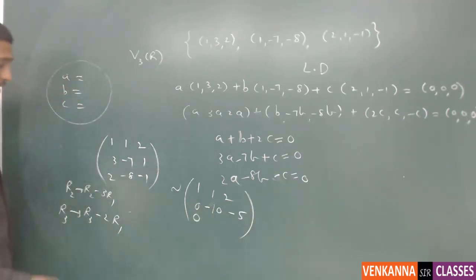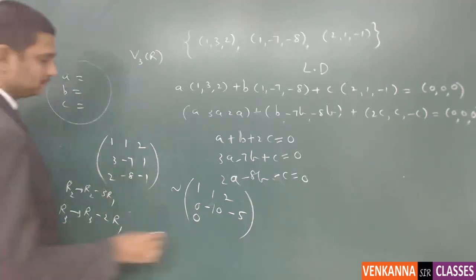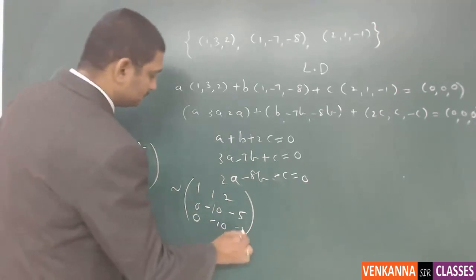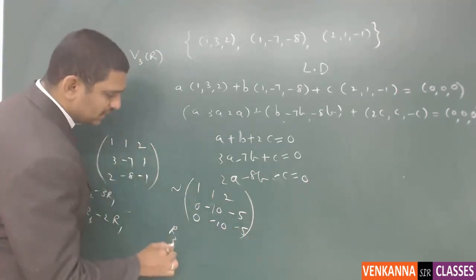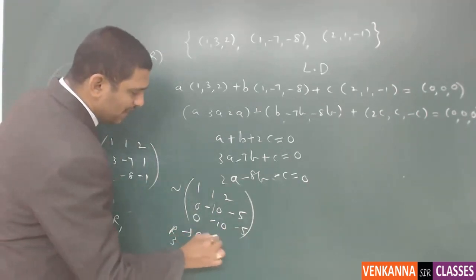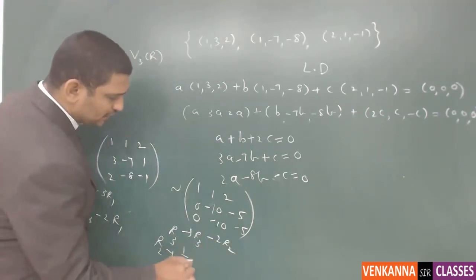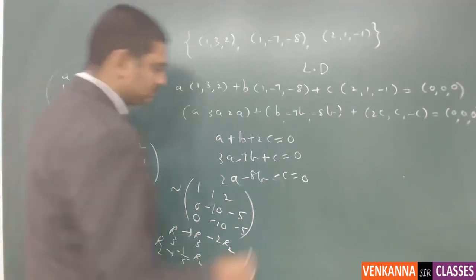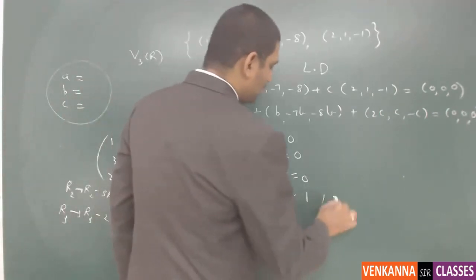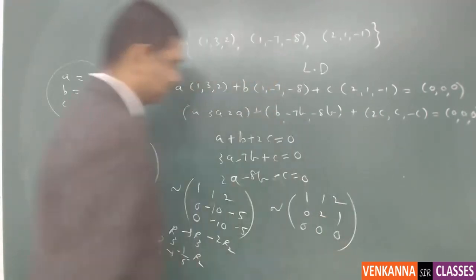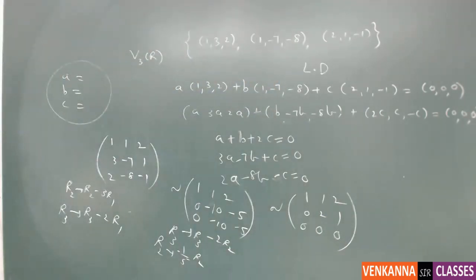Here R3 minus 2R1, minus 10, minus 5. So from this you can say R3 tends to R3 minus 2R2, and R2 tends to minus 1 by 5 R2, which is equivalent to 1, 1, 2, 0, 2, 1, 0, 0, 0. Accepted with the operations.